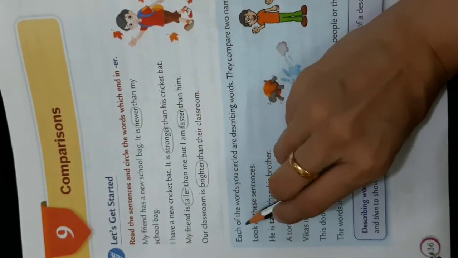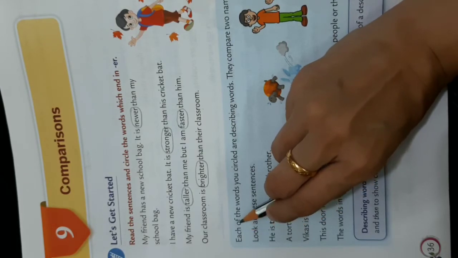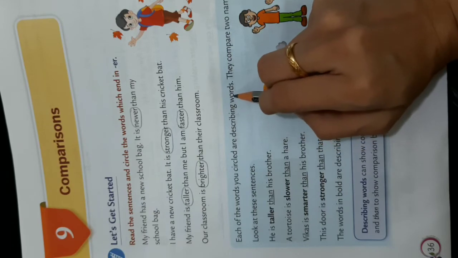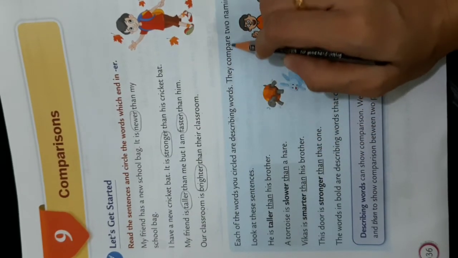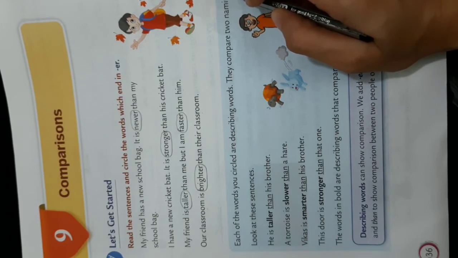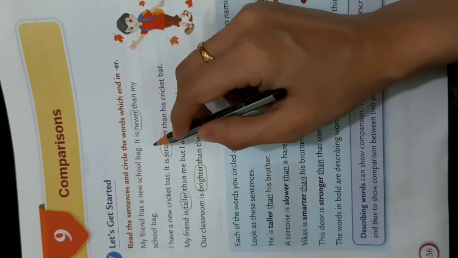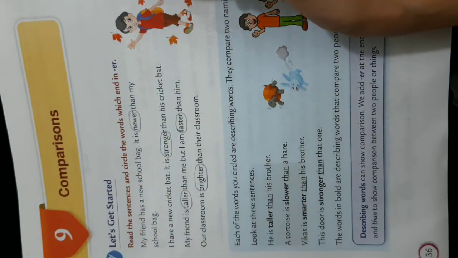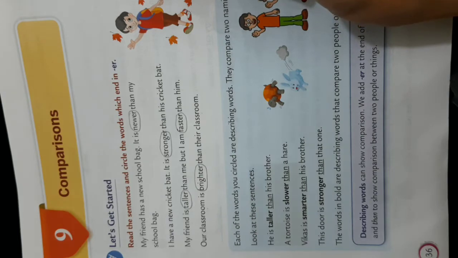Now children, have a look over here. Each of the words you circled are describing words. They compare two naming words. Okay, so each of the words you circled, they are what? Describing words, because they are describing a noun. Okay, and they are also doing comparison between two naming words.